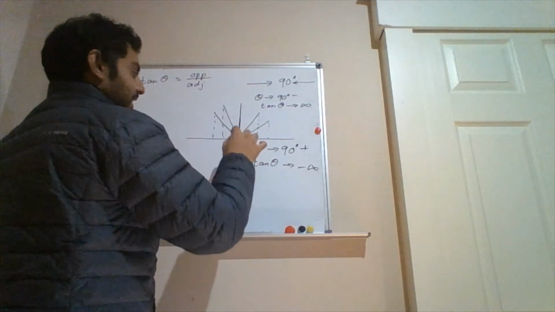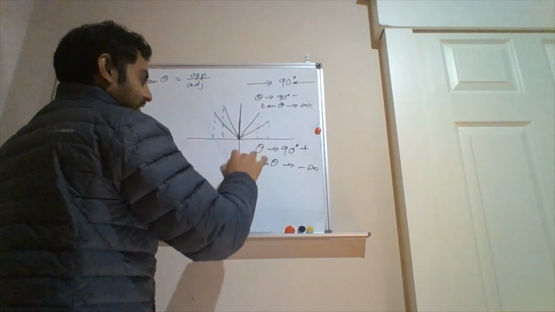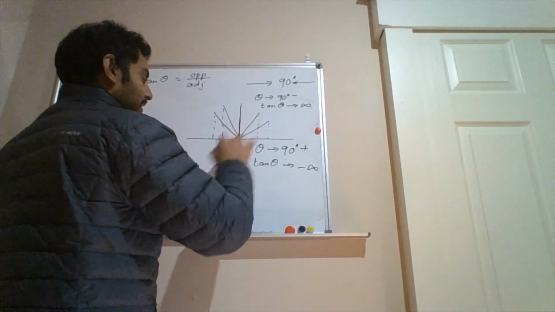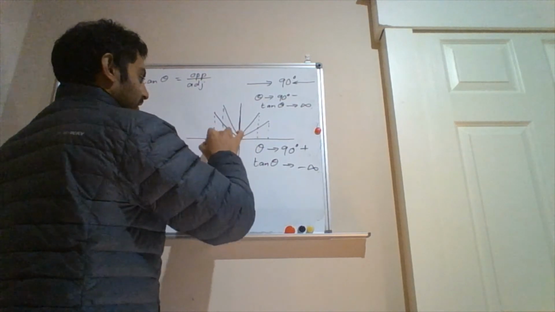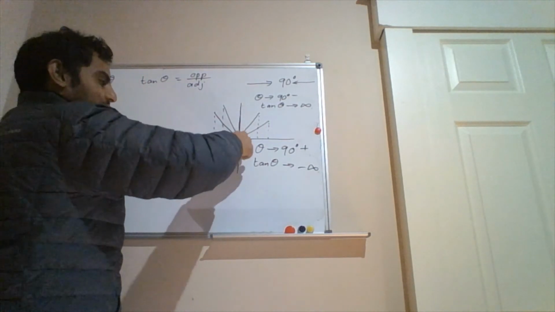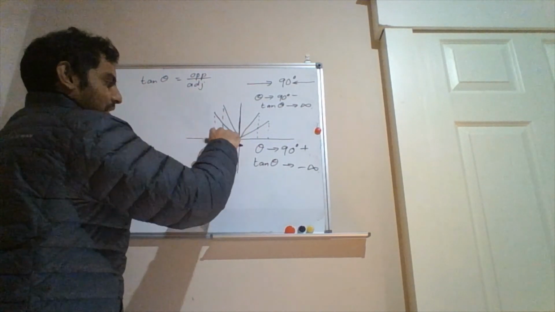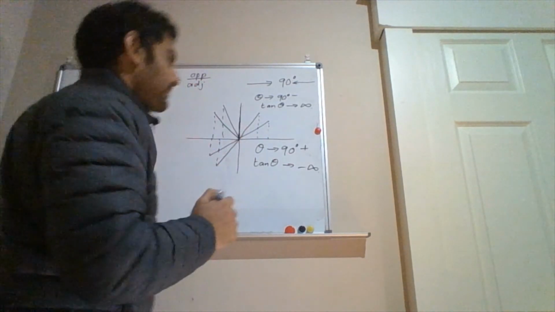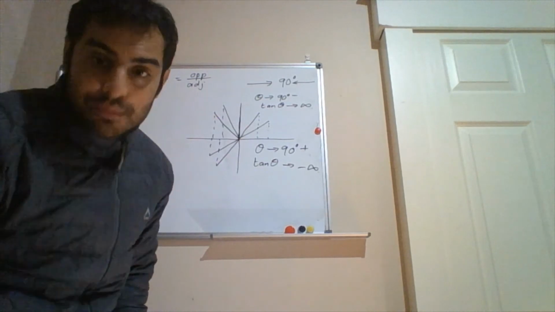The same kind of thing will happen around the 270 degrees. So you can see as we're getting closer to 270, our opposite is increasing and our adjacent is shrinking. So now we can plot some points.